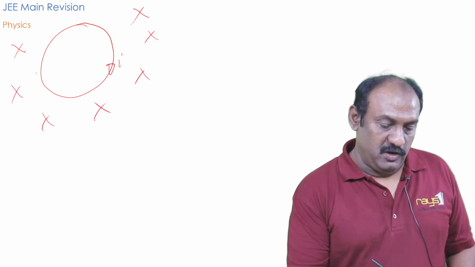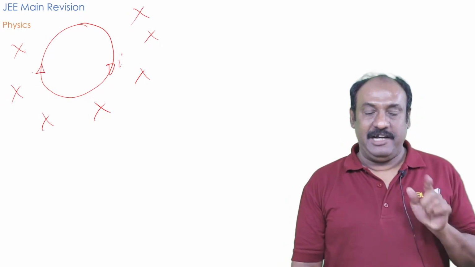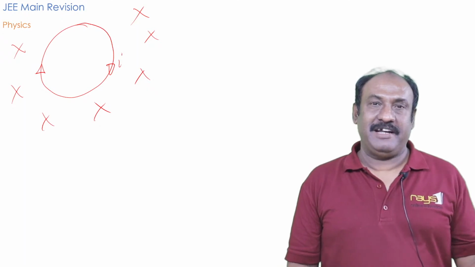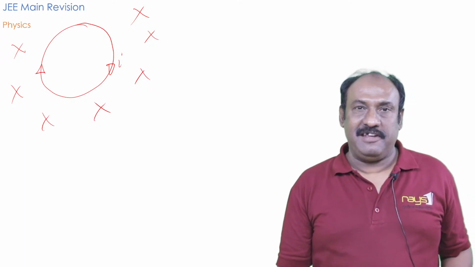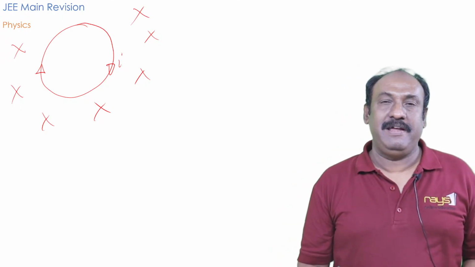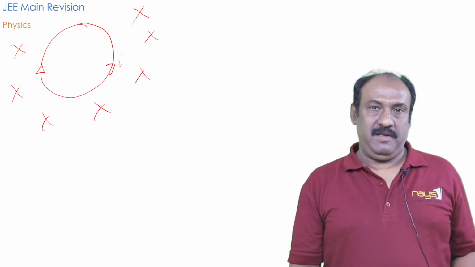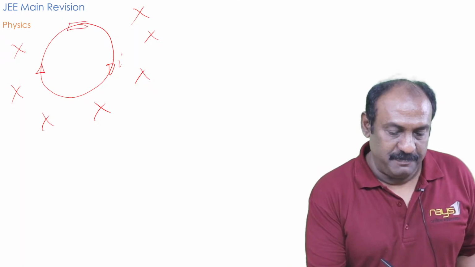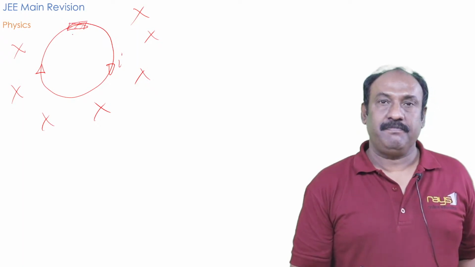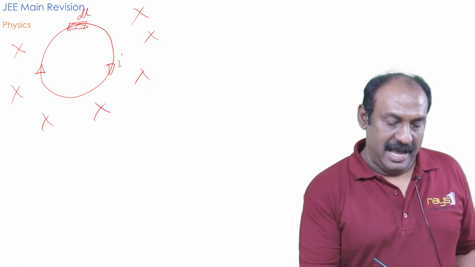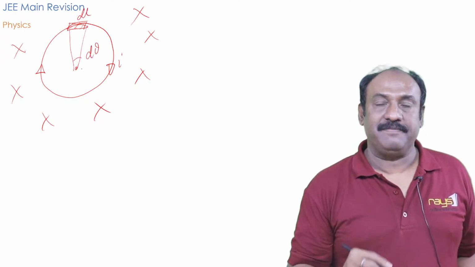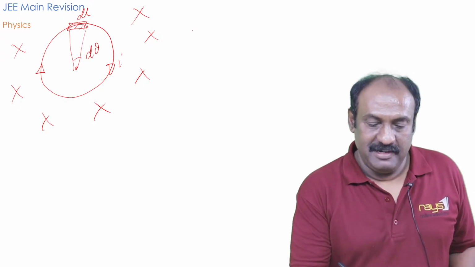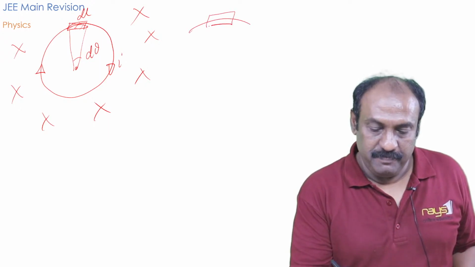When this wire carries current I and is placed in the uniform magnetic field directed into the plane of the paper, instead of that irregular shape, it attains a circular shape. When it attains a circular shape, at each and every point the tension acts radially outwards. I consider one elemental strip of length dl with angular width d theta at the center.